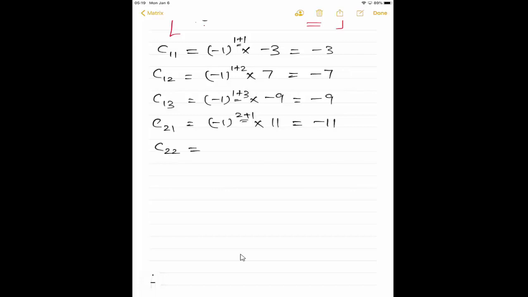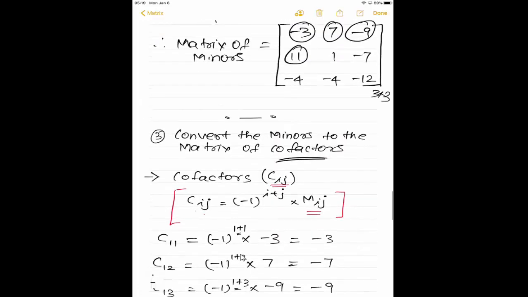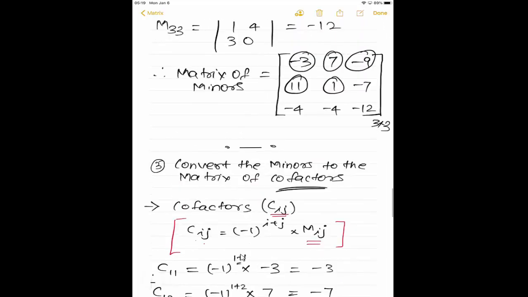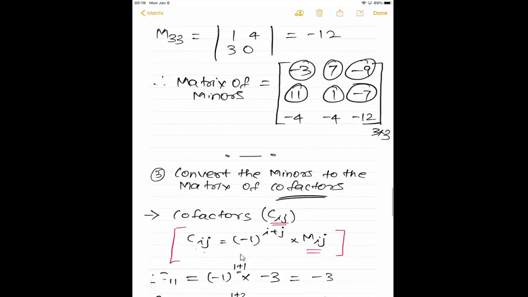Then second row second column cofactor, minus 1 power 2 plus 2 into this value, it is 1, which is equivalent to 1. C of second row third column, minus 1 power 2 plus 3 into minus 7.